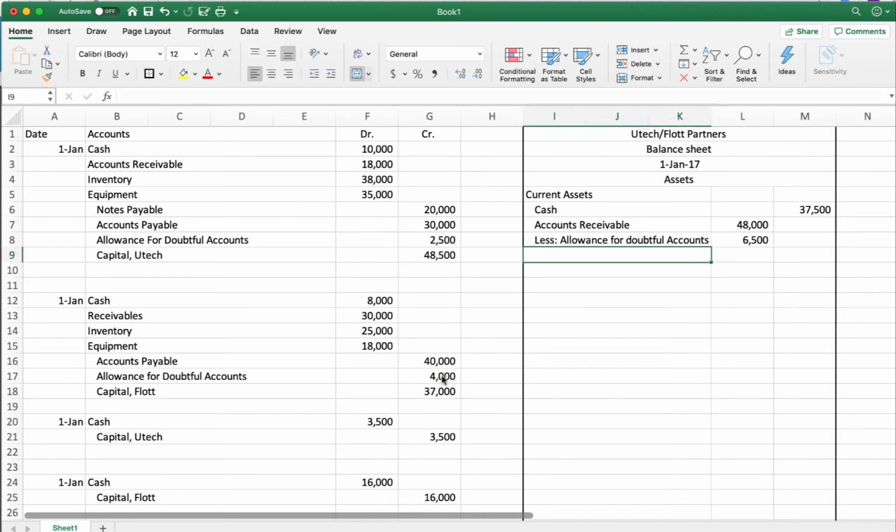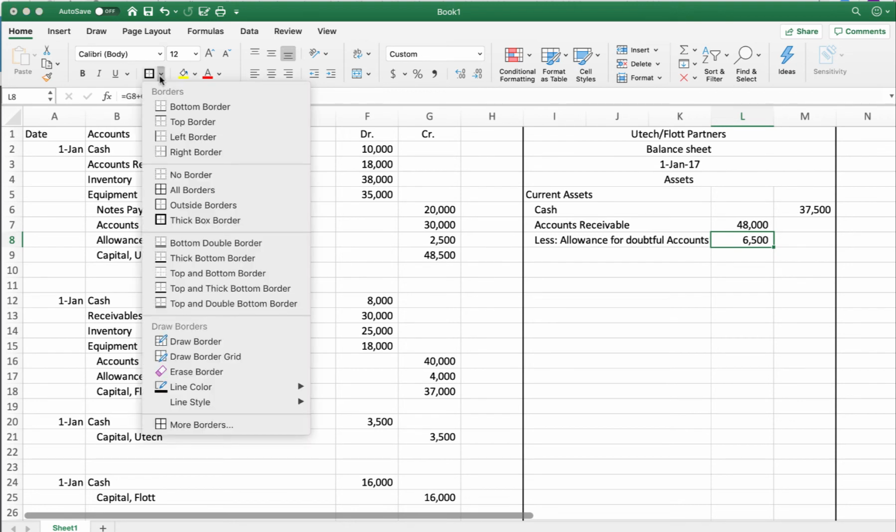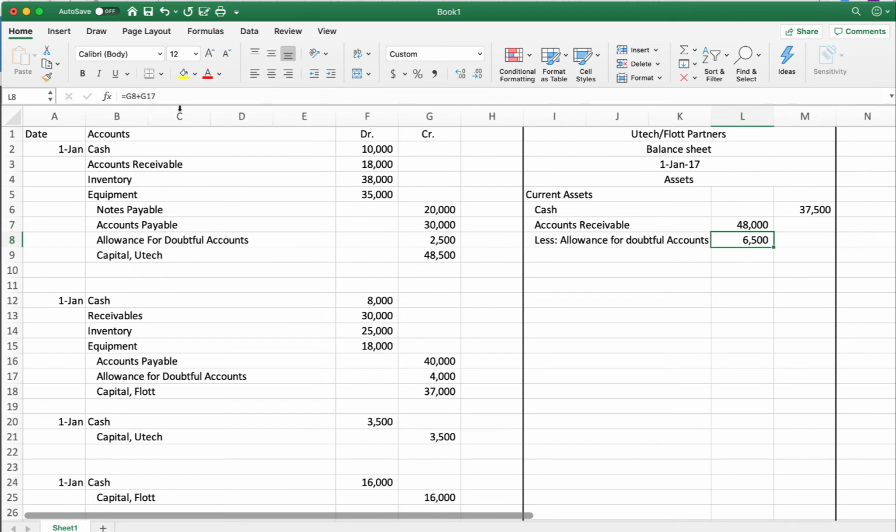I plug those in. Now, I'm going to make a calculation here. I select my bottom border. I come over to M8, right next to the allowance for doubtful accounts, and I'm going to report what my net accounts receivable are. Well, 48,000 minus 6,500 gives me 41,500.